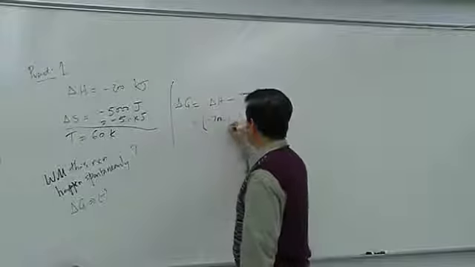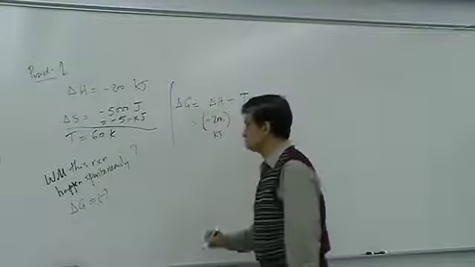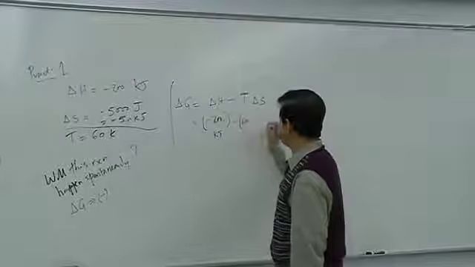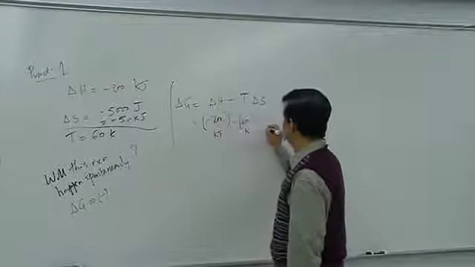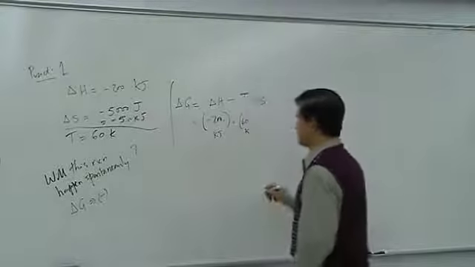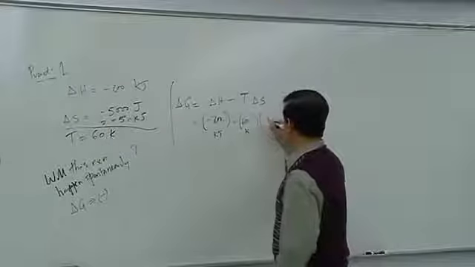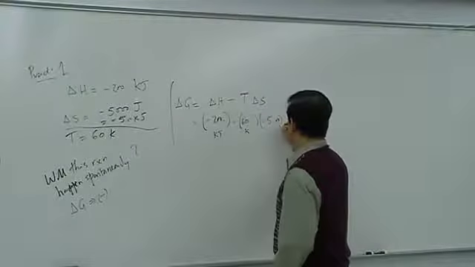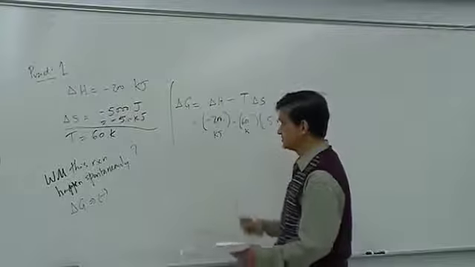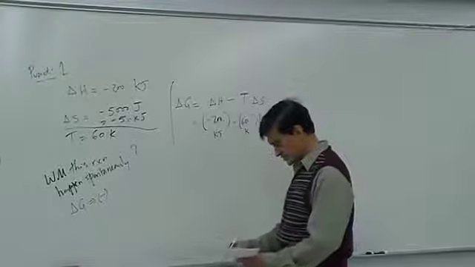So now let's plug in these numbers. 200, that's kilojoule, minus T is 60, that's Kelvin, and delta S is given, and now let's write down in kilojoule, minus 5.00, and this is kilojoule per Kelvin, because this is S, or entropy.